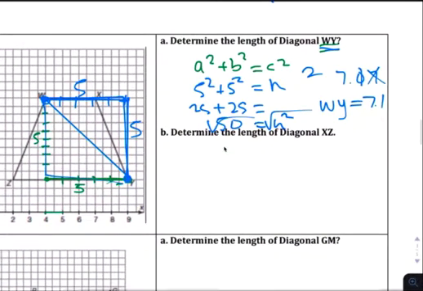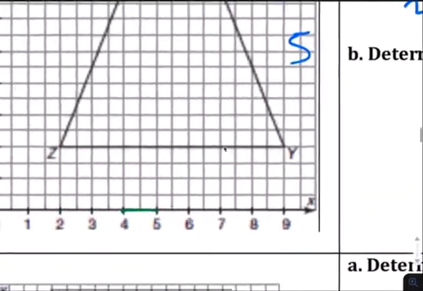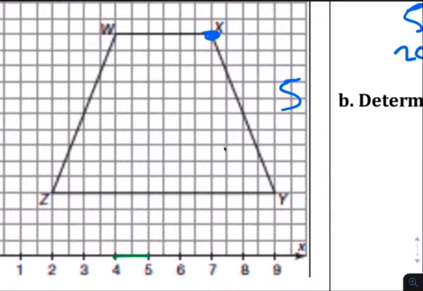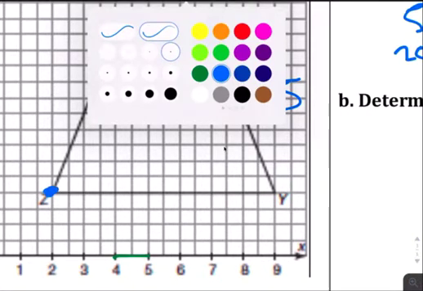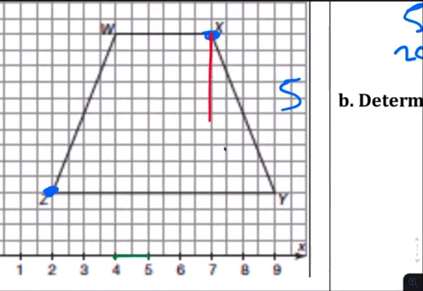Find the length of XZ. So you need to go from this point to this point, using the grid that's given. You need to decide how to get there. I go down there and then take a turn there to get there. 1, 2, 3, 4, 5. 1, 2, 3.